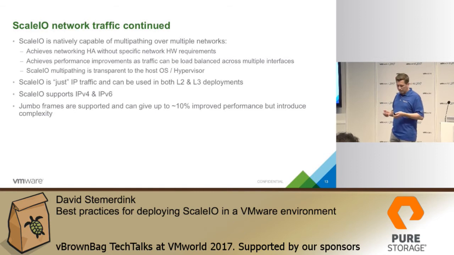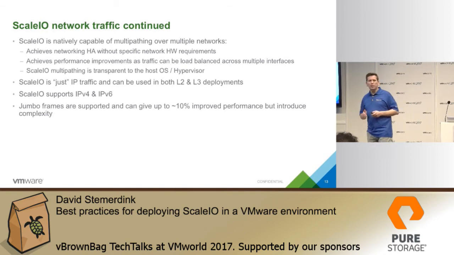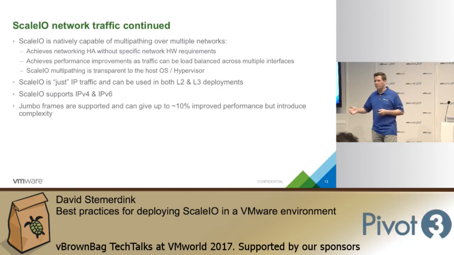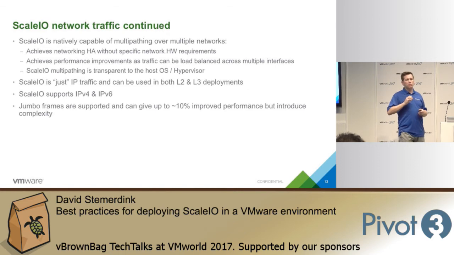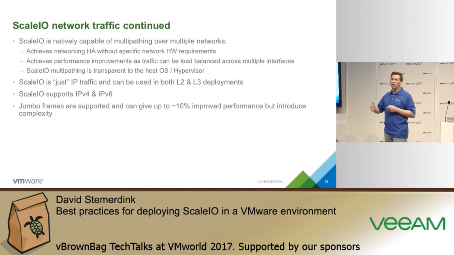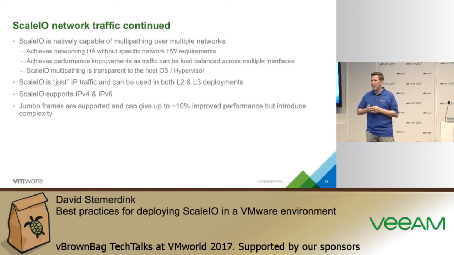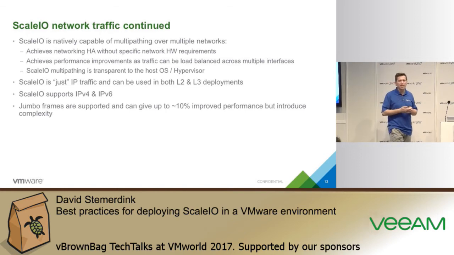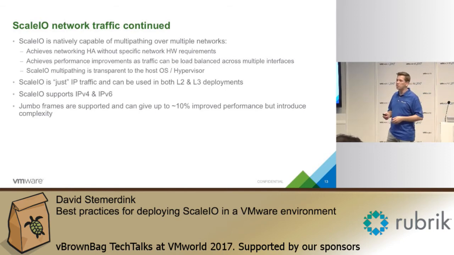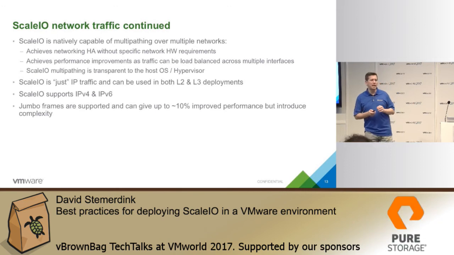Jumbo frames is something that was highly recommended when we all started out with iSCSI. I think we've come back from that a bit. Certainly we have. We see that the actual benefit of running jumbo frames over a network is not always that big, but it does add substantial complexity in an environment, which can also mean that it gets more difficult to troubleshoot if you have a single element misconfigured.